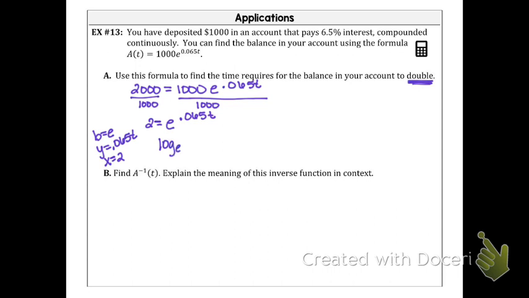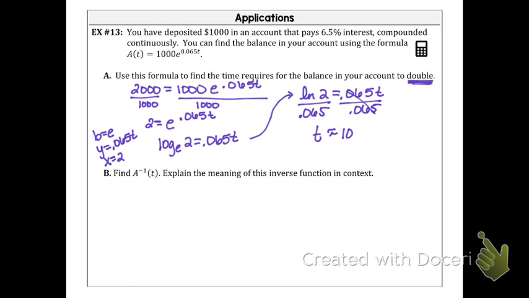So log base b of x equals y. We know that log base e is the same as the natural log. And then we can divide by the 0.065 so that we can solve for t. And so we get t is approximately 10.664 years.